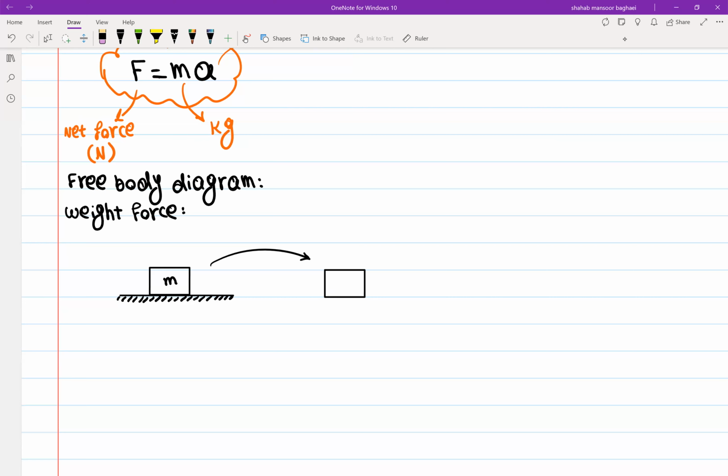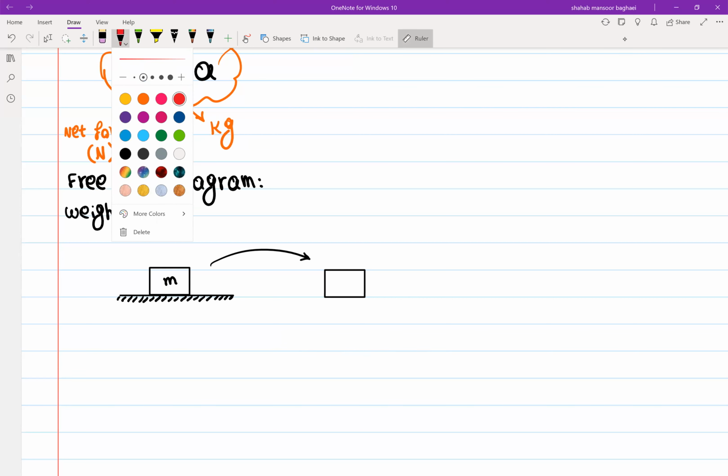Okay, what is the first item, or what is the first force here? The first one is from weight or gravity. And you know, the ground is here. I mean, the Earth planet is here. Therefore, gravity should be downward. Consequently, weight force is always downward.